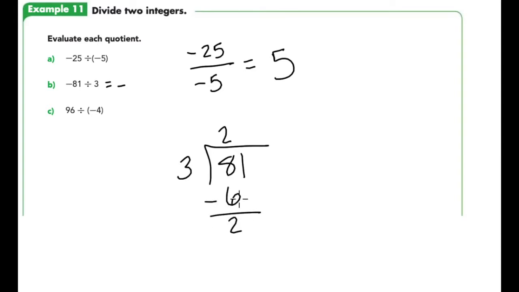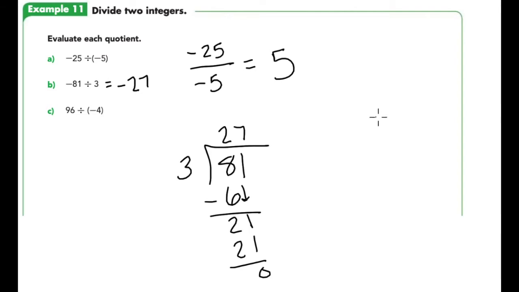That leaves us with a 2. We carry down the 1. 3 goes into 21 7 times evenly. We ended with 0, so we could stop. If we had a remainder, we could write it as a fraction, or we could figure out what the decimal would be. Negative 81 divided by 3 gave us a negative 27.